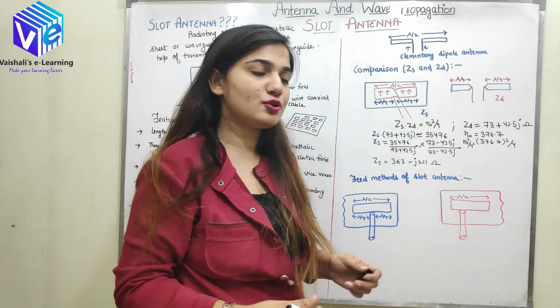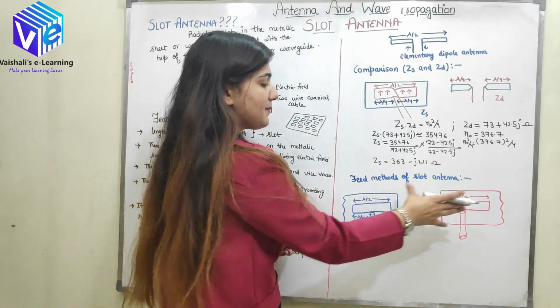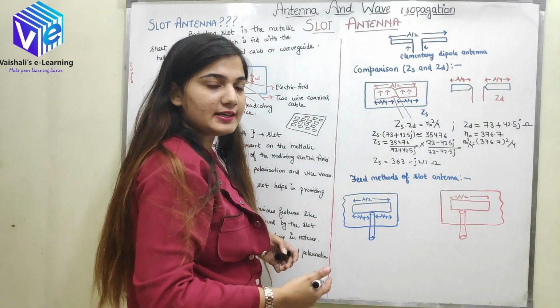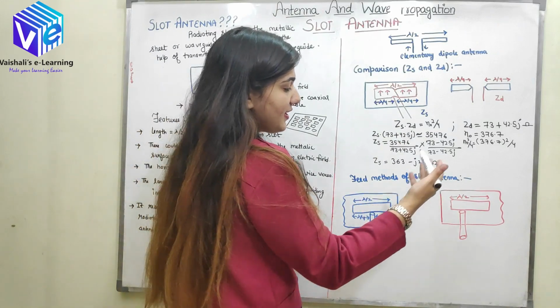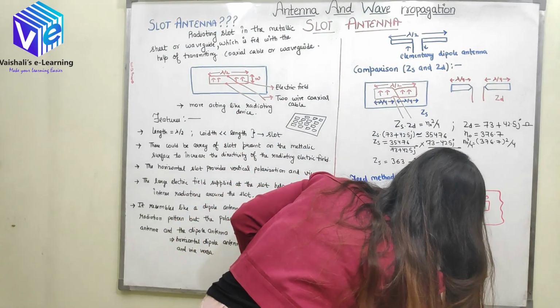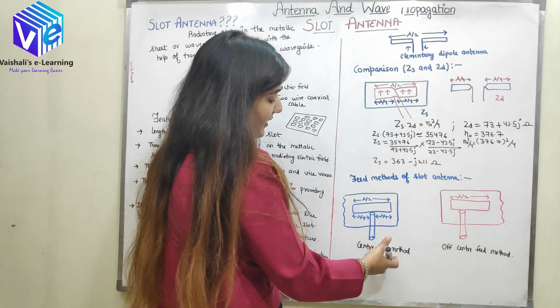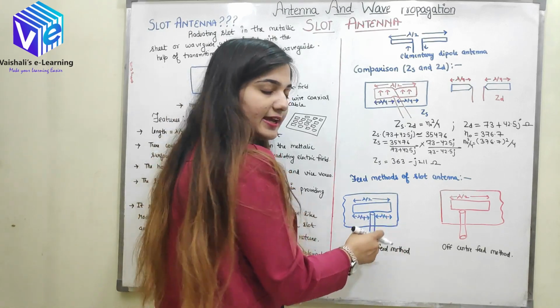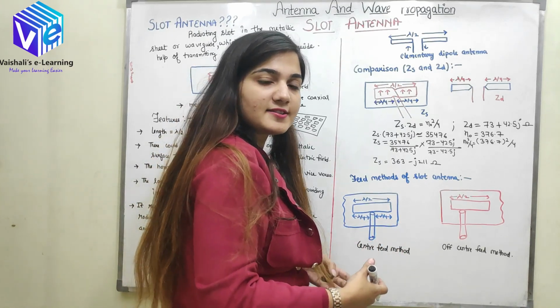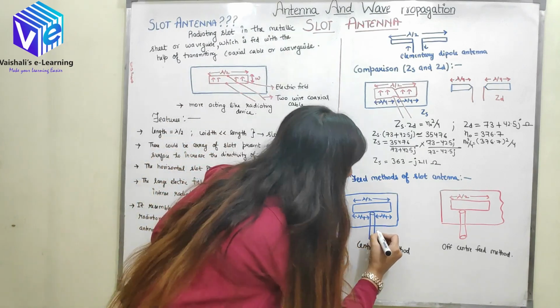Now we'll switch to the feed methods of slot antenna. I have two types of feed methods of the slot antenna. First is center feed and second is off center feed. As the name suggests, in center feed method, my coaxial cable or the two-wire transmission cable or the waveguide, this could be anything.